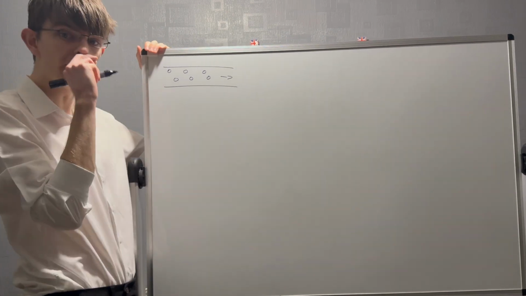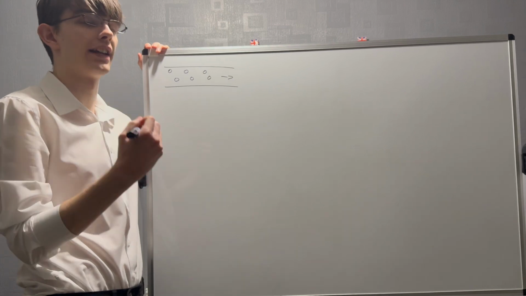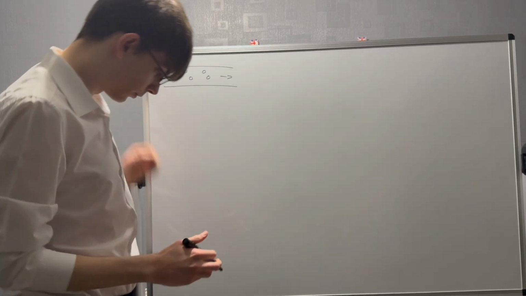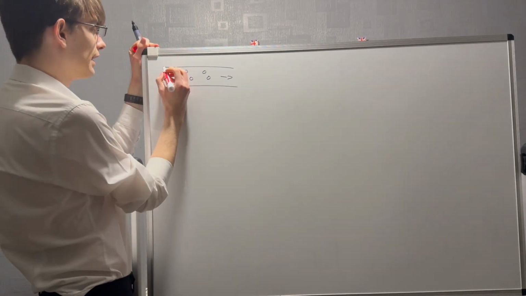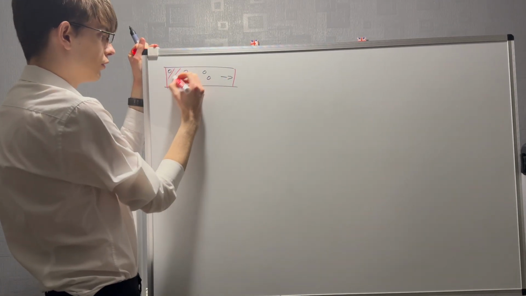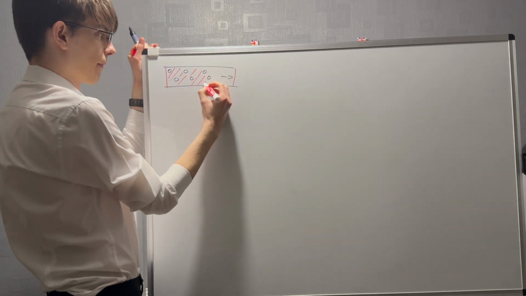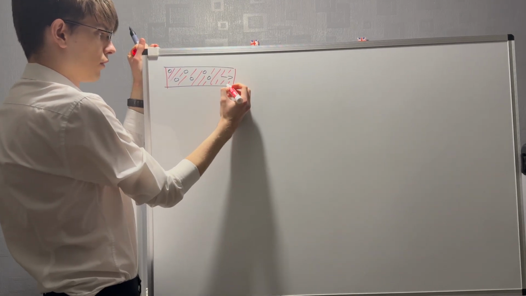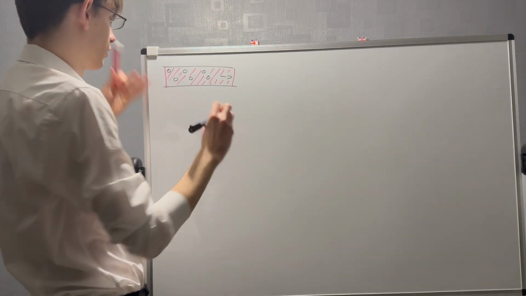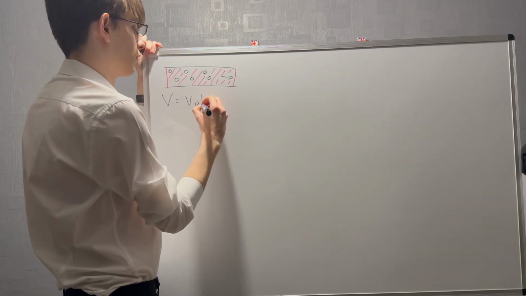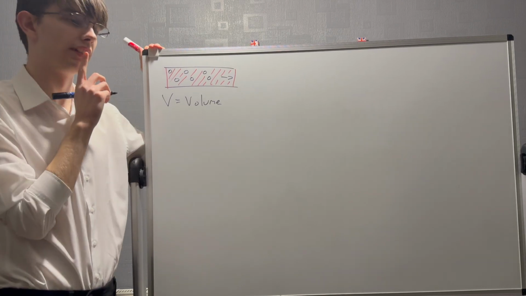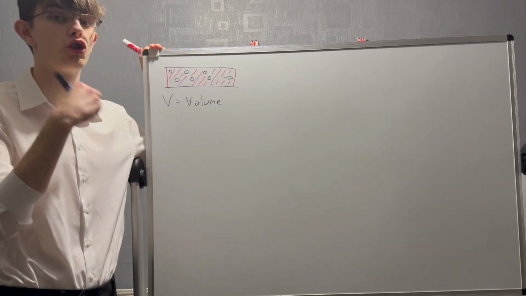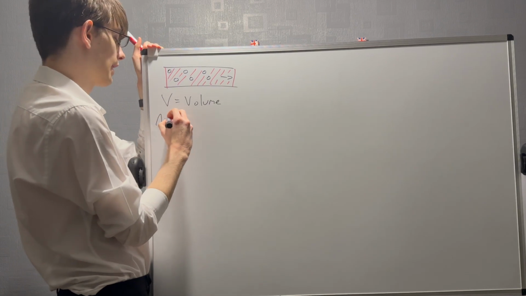Now, there's a couple of things about this wire that I want us to take into account. The first one, and I will switch colours, is the volume of this wire, okay? V. The volume of the wire, and that's going to become important in a second when we talk about something called number density.